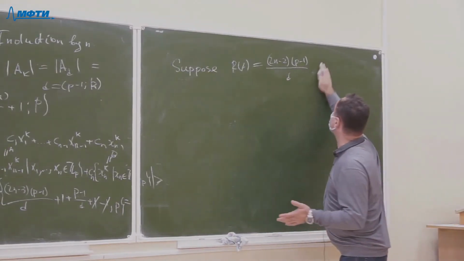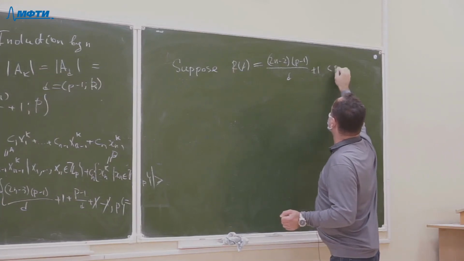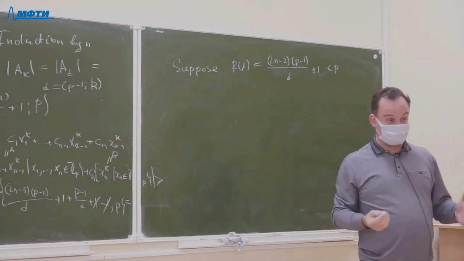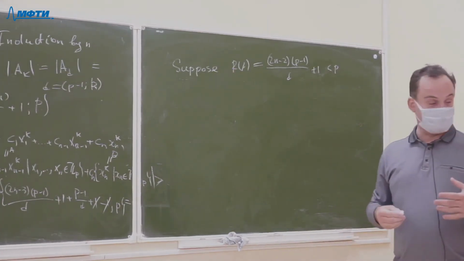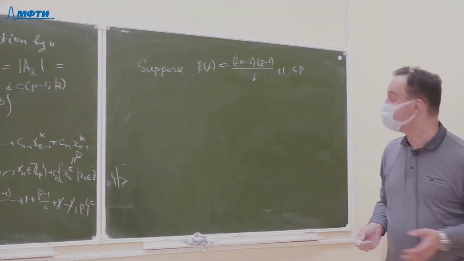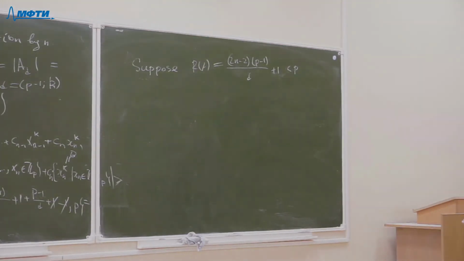Range of the form plus 1, I forgot about that. We suppose that this is strictly smaller than P. Otherwise, we proved everything, right?